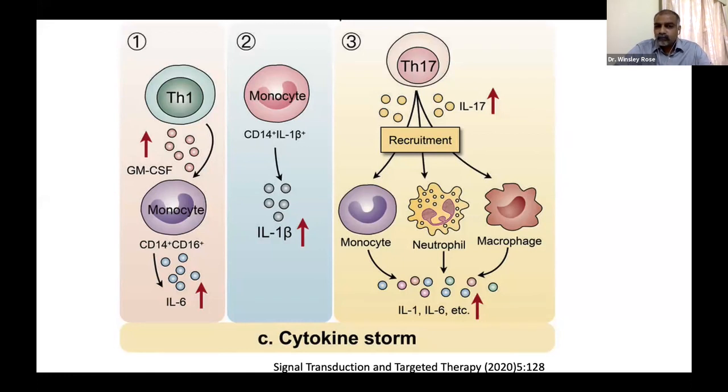Then, secondly, you also have CD14 positive monocytes, which are activated, and they produce a lot of interleukin 1 beta, which again takes part in the cytokine storm. Then there is the Th17 response, which causes an increase in IL-17, which recruits many monocytes, neutrophils, and macrophages, which again increases the amount of IL-1, IL-6, etc., which leads on to this cytokine storm.